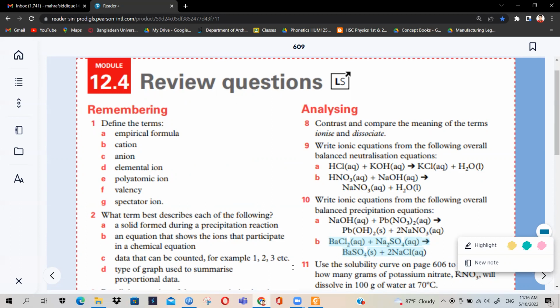Barium is number 56, and it's a metal. So barium is plus two, chlorine is minus one, but there are two, so minus two. So the ionic equation will be plus two, minus two.